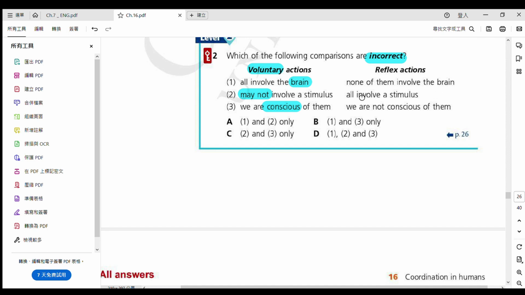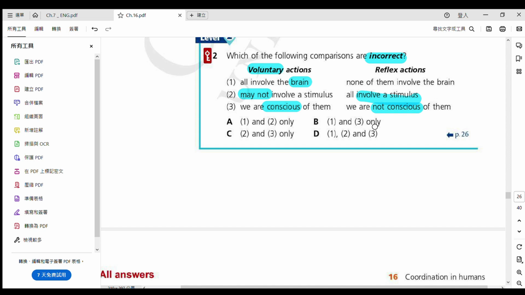Okay? For reflex action, number 2. 佢就話啦 always involve a stimulus. The answer is yes. Okay? So number 2 is correct. And then number 3. So we are conscious of them for voluntary action. And for reflex action, we are not conscious of them. We are unconscious. The answer is no. 我哋唔係 unconscious. Remember this word very carefully. We are not being unconscious. 唔係冇意識. Because you can still feel it.